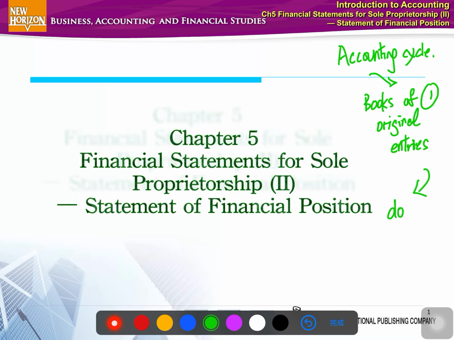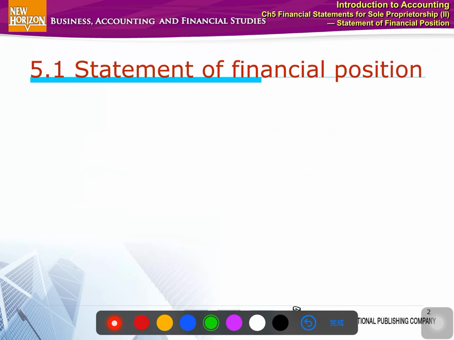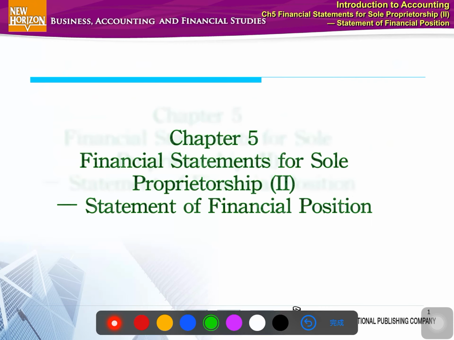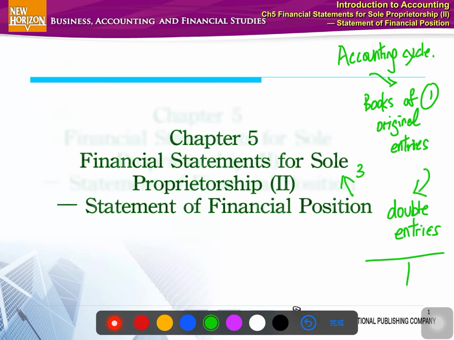And the next step, we have learned about double entry, which includes T accounts. And third, we have trial balance.